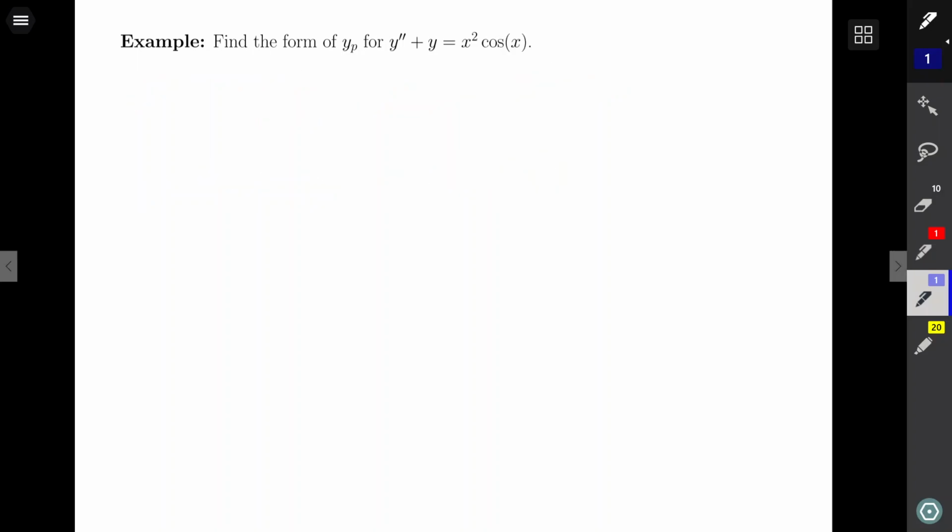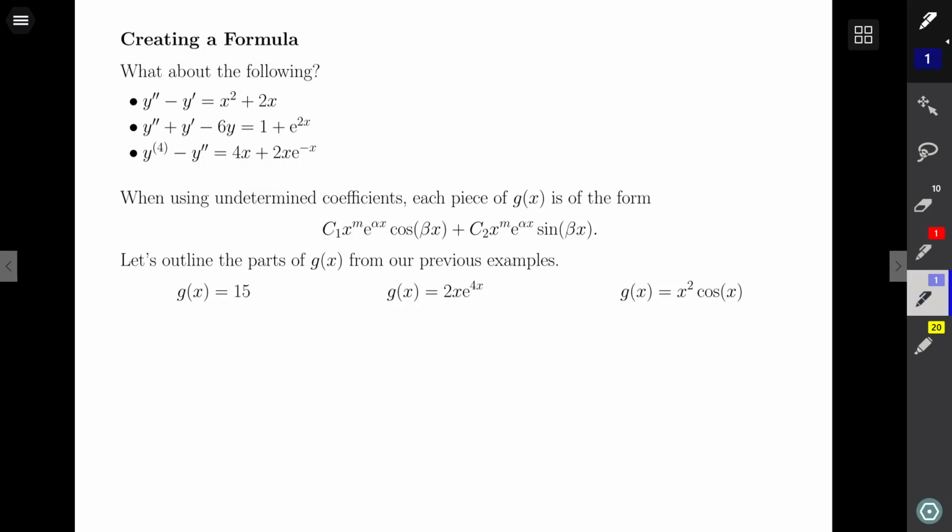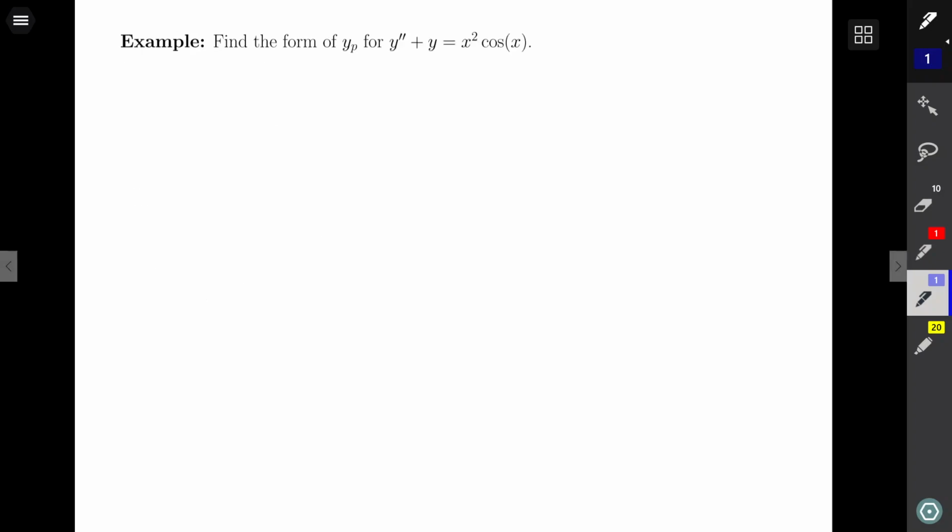Let's try one more before we go on to starting to get to harder things. Find the form of yp for y double prime plus y equals x squared cosine of x.